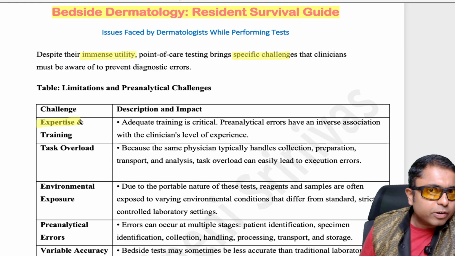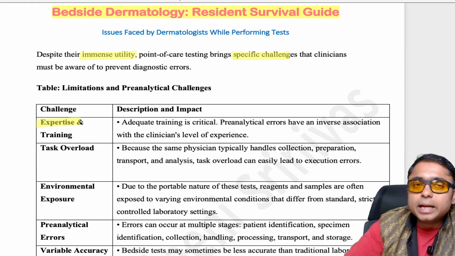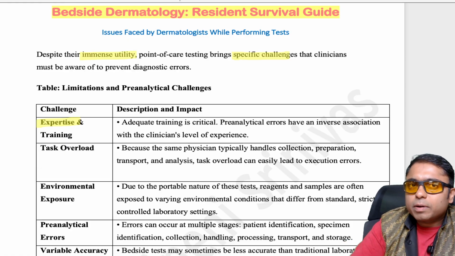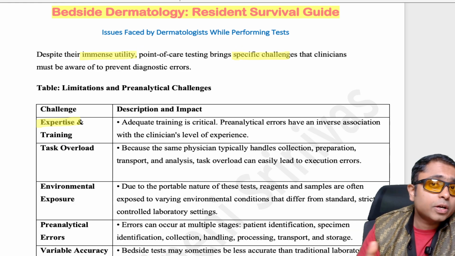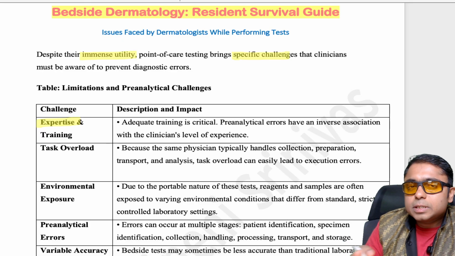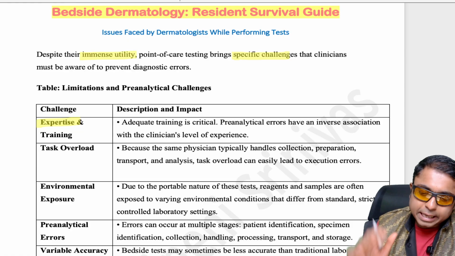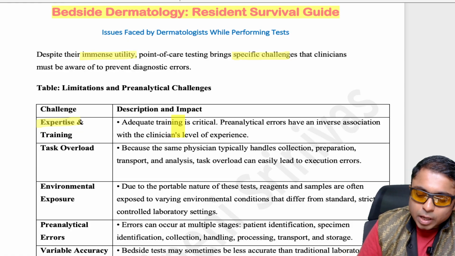While you are in postgraduation especially, whenever you get a doubt in any disease, whatever bedside test can be done, try to perform all of them, so that you get a knack of utilizing the most reliable, most simple bedside test among the varied options. So obviously adequate training is very critical.